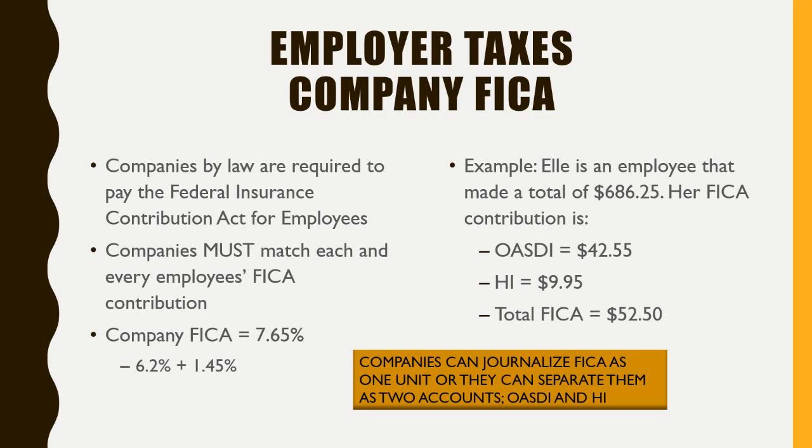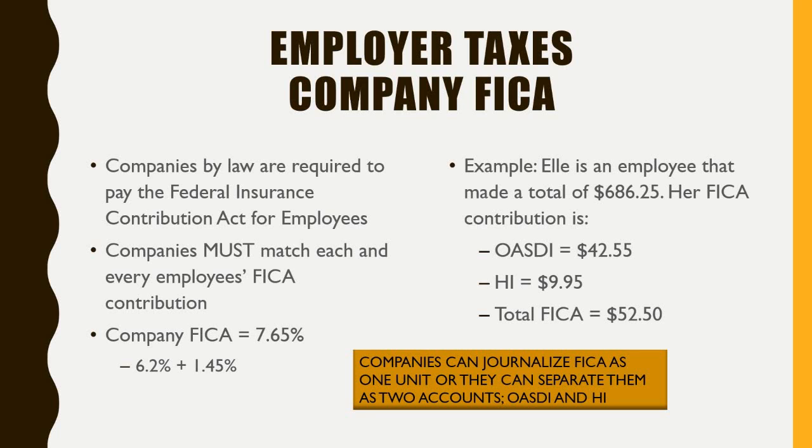In this case, it's based off of the individual's earnings. So we have L, who earned $686. That means we must match the amount she put in for Social Security and Medicare as well, and it's the same numbers. Whatever she put in there, we must match 100%. So in this case, 6.2% plus 1.45% gives you 7.45%.